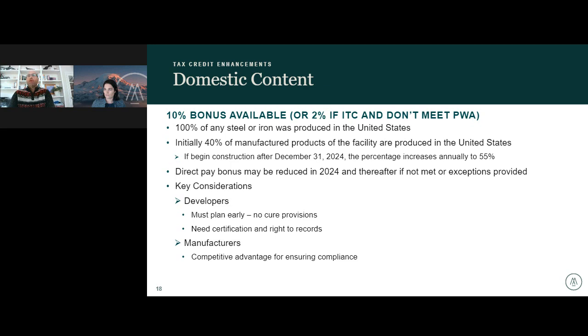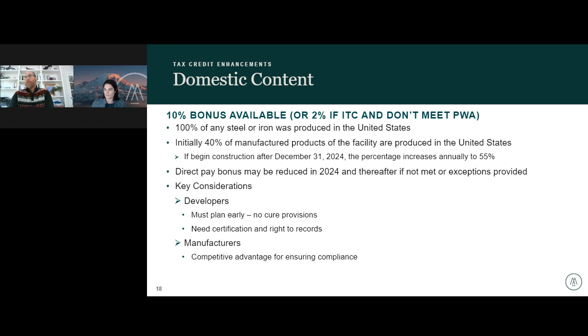Then the other consideration to think about here is related to the direct pay bonus. Starting in 2024, if you are over 1 megawatt in size, so you do have to be a larger project, you actually can suffer a reduced credit percentage if you do not meet the domestic content requirements. There is an exception that you can apply for.